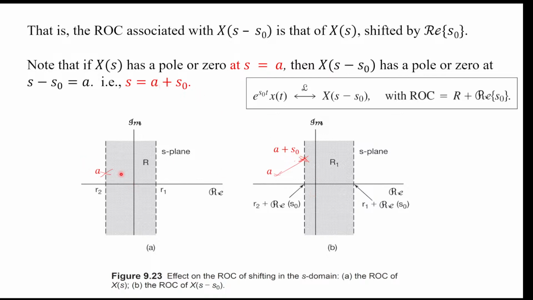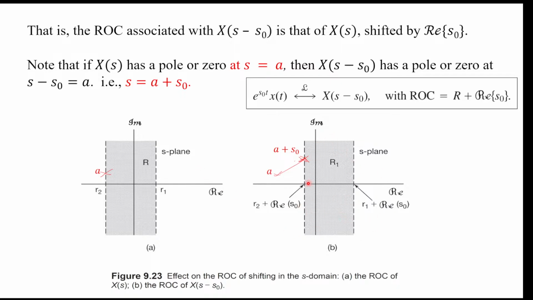So the pole at A becomes a pole at A plus S0. You see that the pole gets shifted by S0, and actually every point on the S plane is shifted by S0, so your ROC gets shifted by S0.